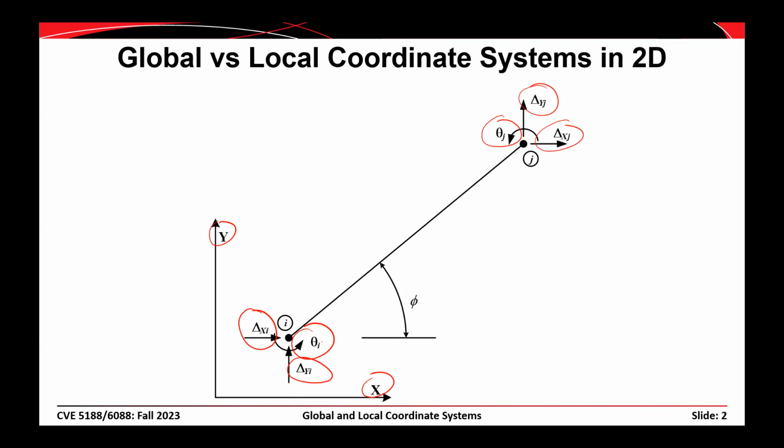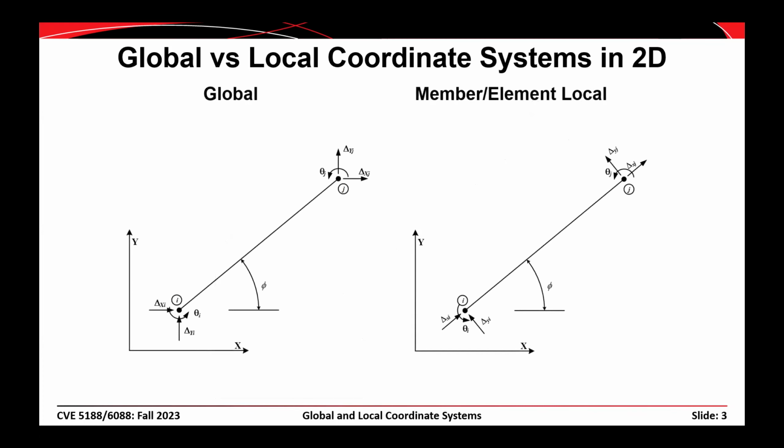Now, just because we have a coordinate system X and Y here, that isn't necessarily the only coordinate system we have in our model. In fact, depending on the package you're using, you're going to have at least one coordinate system associated with every element in the model and probably with every object in the model.